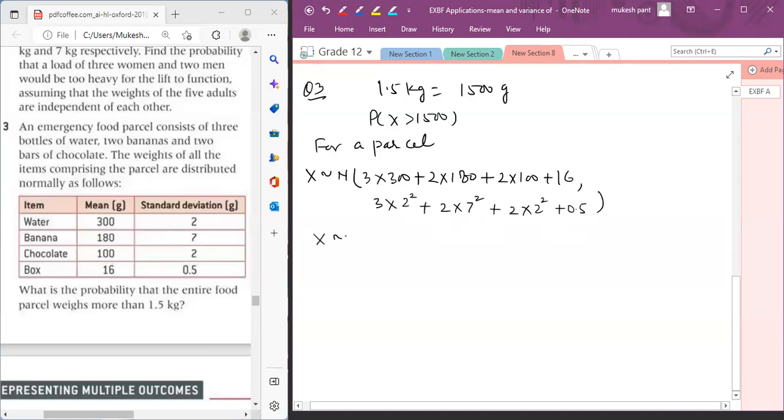If we simplify, using a calculator we get 1476 and 118.25. This will be the new normal distribution, and you have to find the probability for 1500 grams. Using a calculator you can find it out, it's easy.